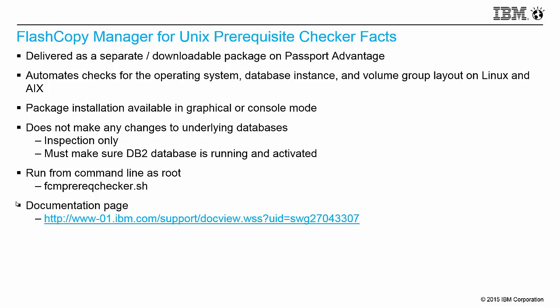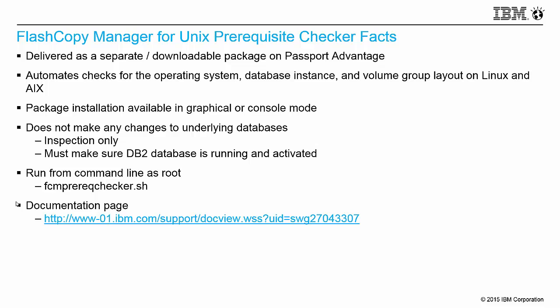Now, because the tool is very conservative, we do require that the databases that you're using be running or activated. So in the case of Oracle, that's going to mean the database is mounted. In the case of DB2, the database is going to need to be activated. And the command line is pretty simple.